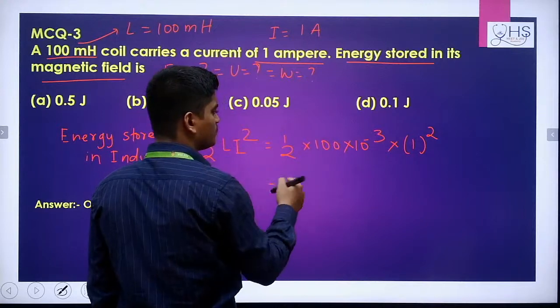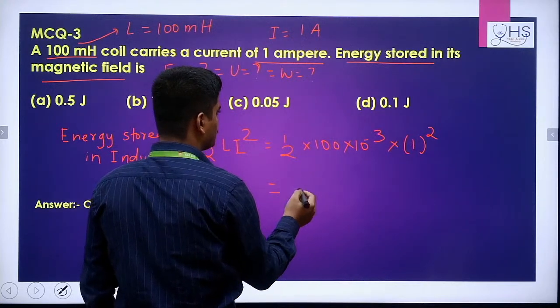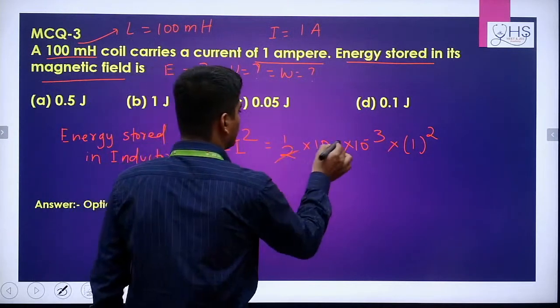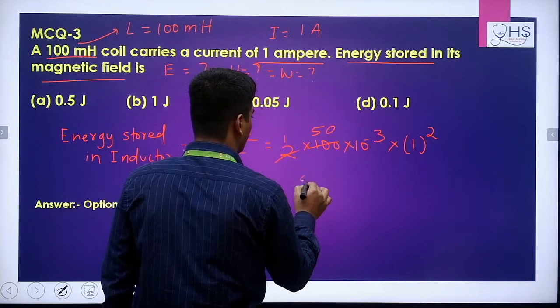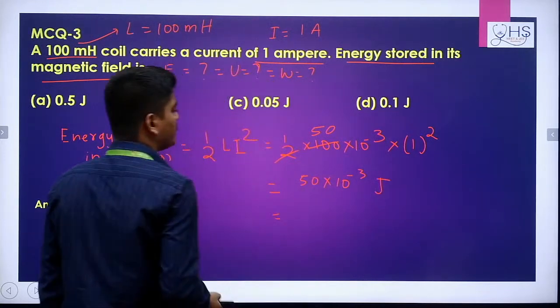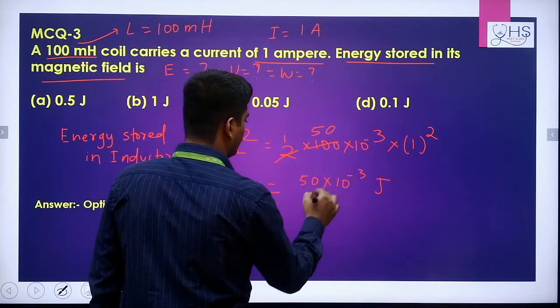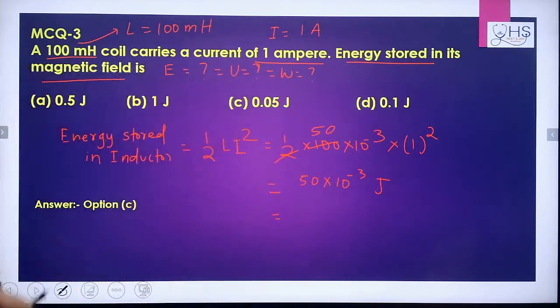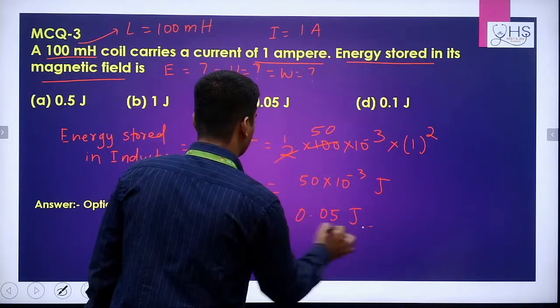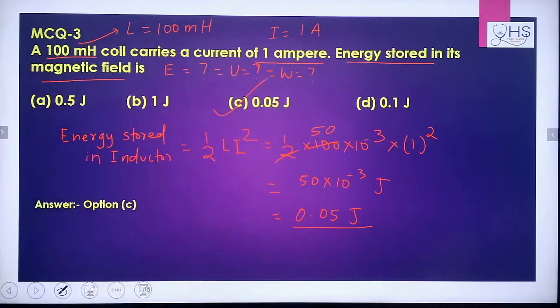Now 2 will cancel, 100 becomes 50. So 50 into 10 to the power minus 3 joule, or 10 to the minus 3 is 1 by 1000, so 0.05 joule. I hope you understand this one.